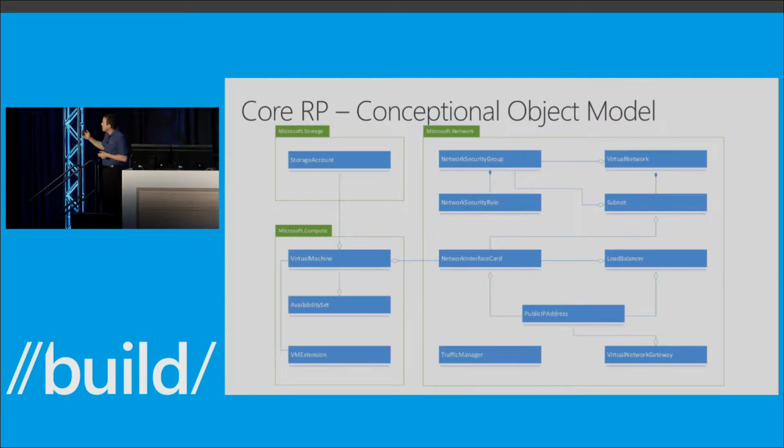So here we're representing storage, compute, and network. Also in this ecosystem, not represented here, are websites, SQL Azure, and various others in a growing ecosystem of resource providers, all of which have interdependencies, all of which are modular, and all of which allow you to create the applications and solutions the way you want to create them, which is awesome.